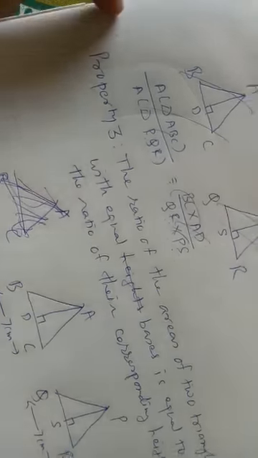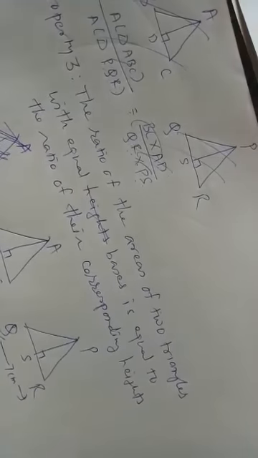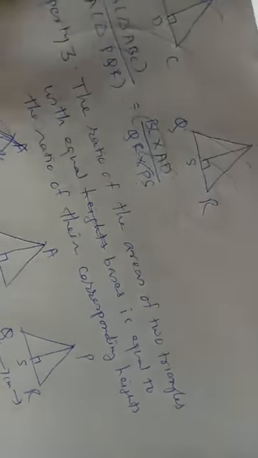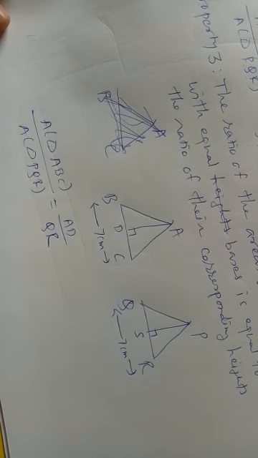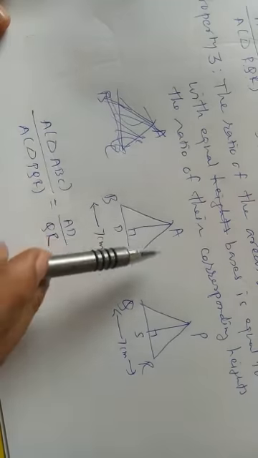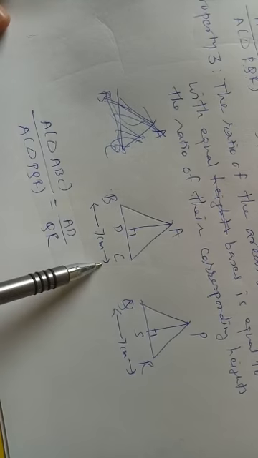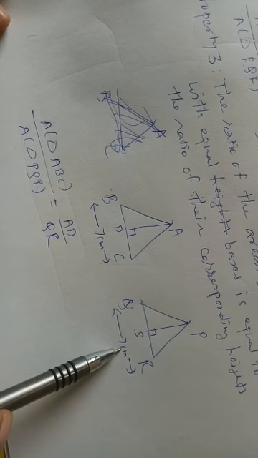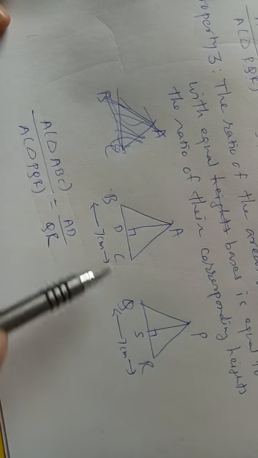Now third property: the ratio of the areas of two triangles with equal bases is equal to the ratio of their corresponding heights. In this you can see in triangle ABC base BC is 7 cm, in triangle PQR base QR is 7 cm. So in this case their bases are equal.